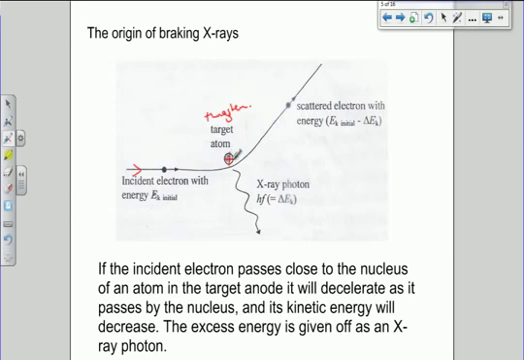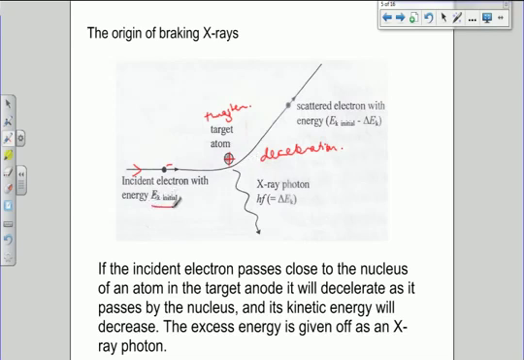Obviously this has a very large positive charge, and the electron has a negative charge. So the two of them will interact electrostatically, and that will result in a change of trajectory of the electron as it approaches and passes the tungsten atom. In effect what we have is a deceleration of the electron. The electron slows down.